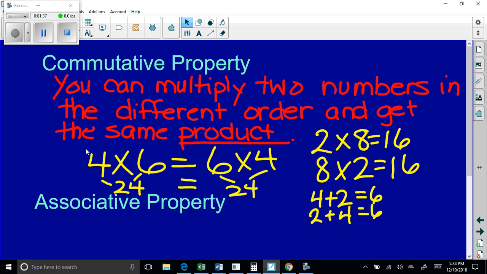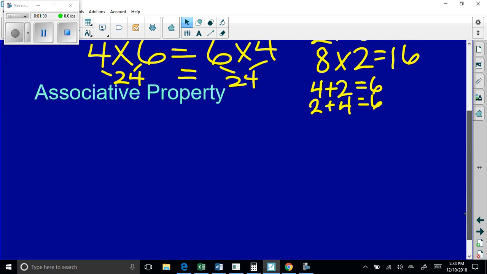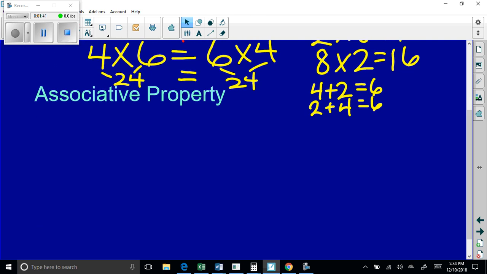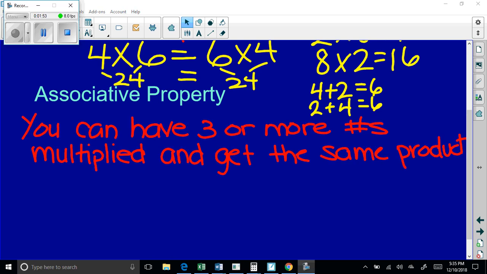The associative property says that I could have 3 or more numbers multiplied together and continue to get the same product. So again, I've written it out for you. You can have 3 or more numbers multiplied and get the same product.